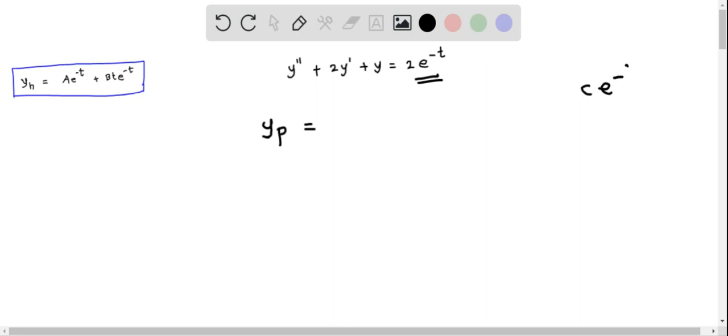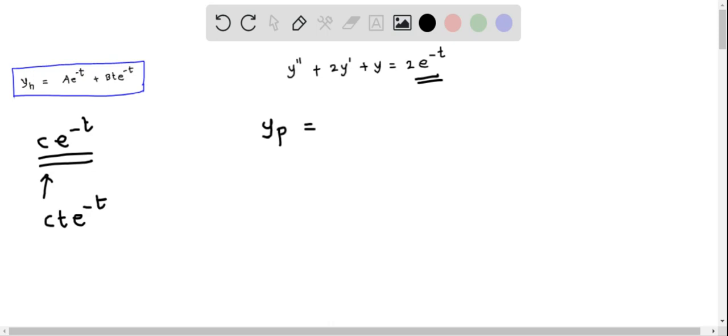But we have to be a little bit careful here, because if we use c e power negative t, we already have this in the homogeneous solution, that is, we have a e power negative t. So I can now multiply this by t. When I do that, I get ct e power negative t.